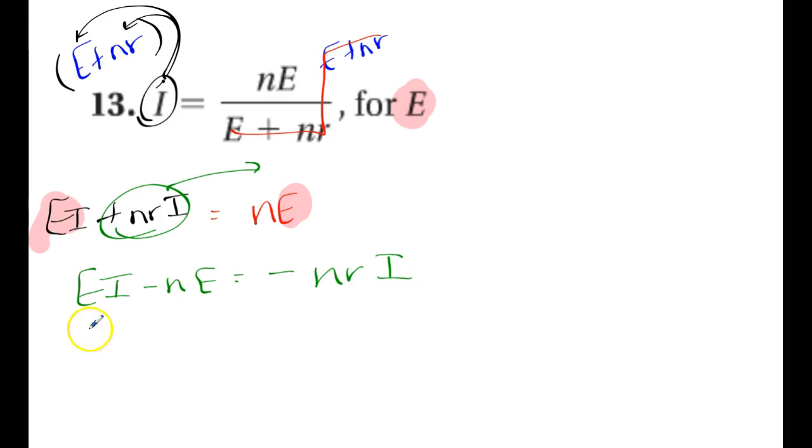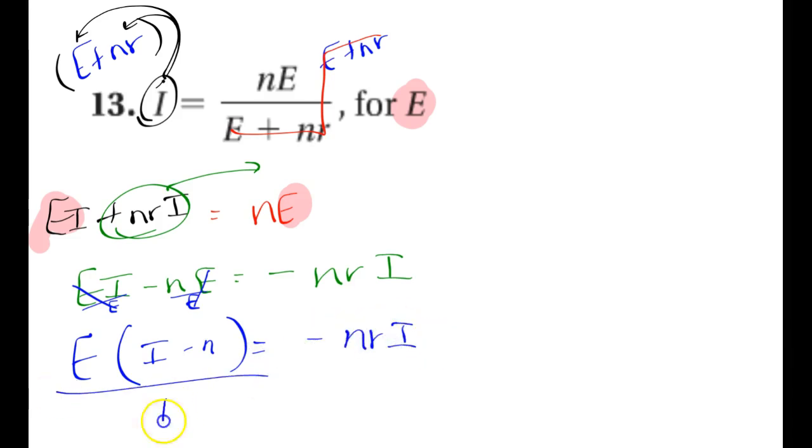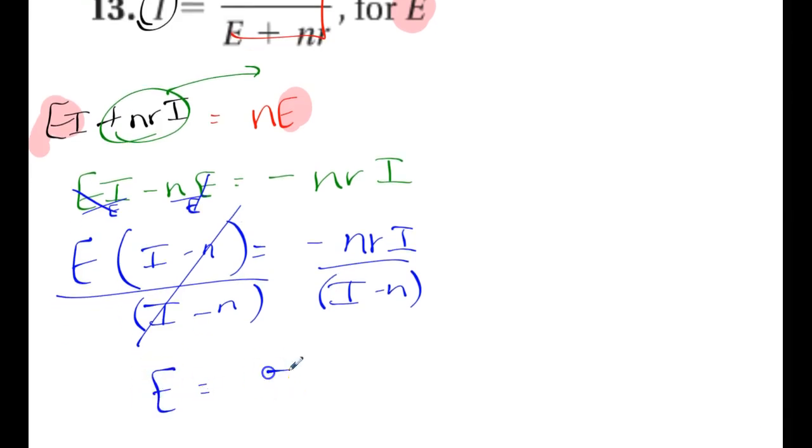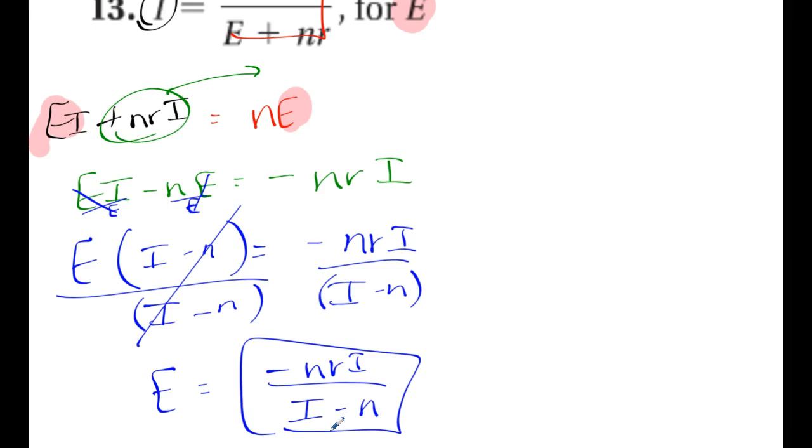So if I factor out an e, that's literally like dividing each term by e, and I'm left with I minus n equals negative nri. So over here I'm going to divide by the quantity. All of this will cancel, and my final solution should be e is equal to negative nri divided by I minus n, and I cannot cancel anything because they are parts of sums.